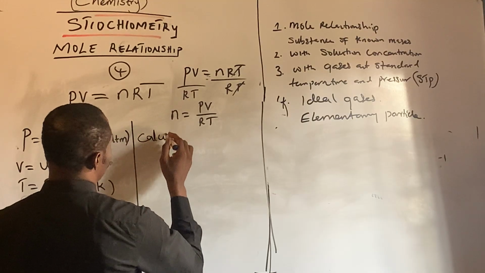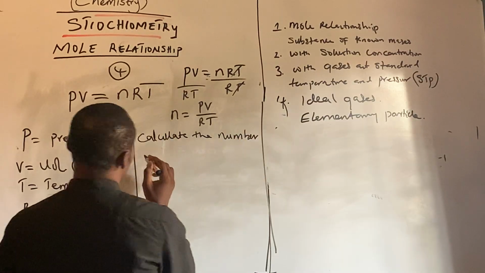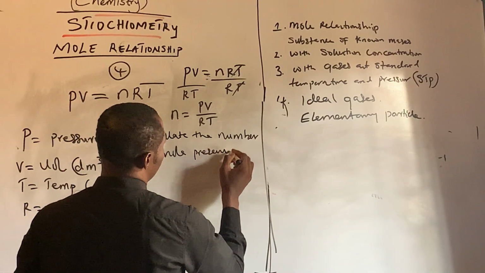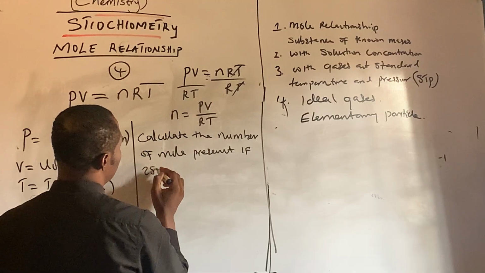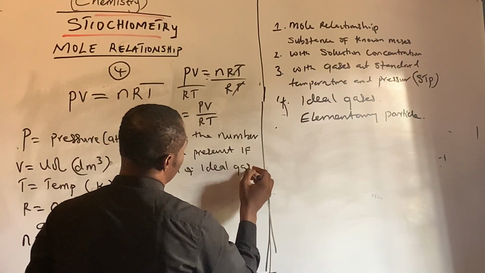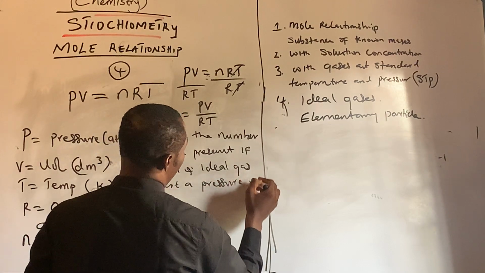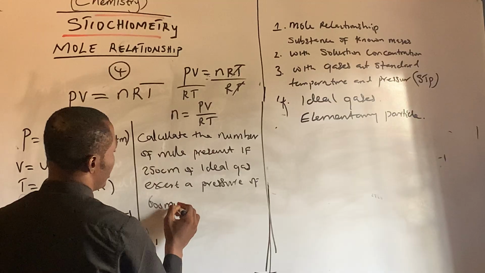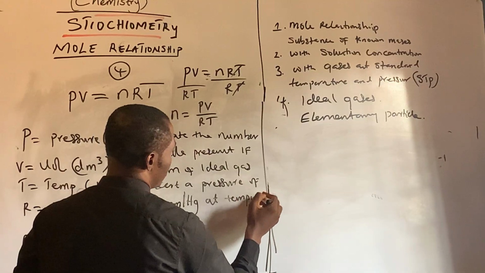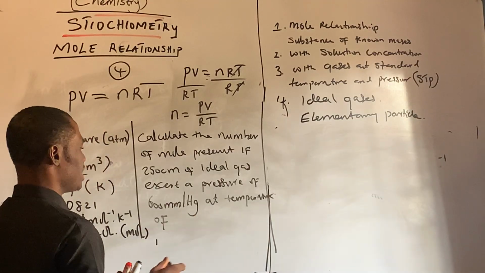Calculate the number of moles present if 250 cm³ of ideal gas exerts a pressure of 600 millimeters of mercury at the temperature, let's put 30 degrees.